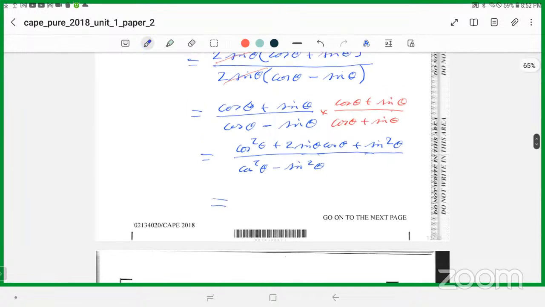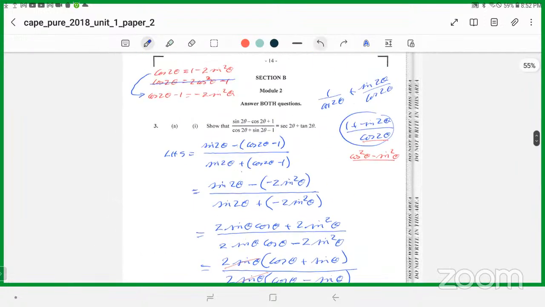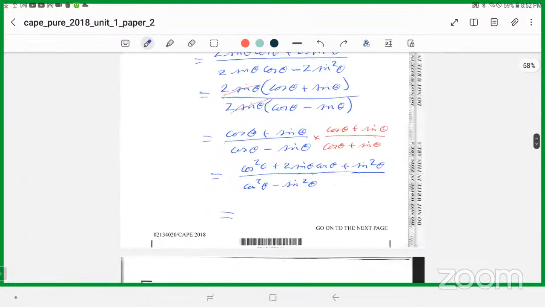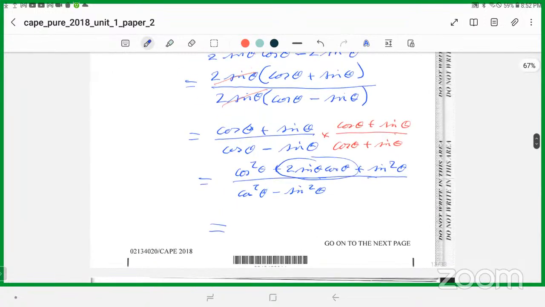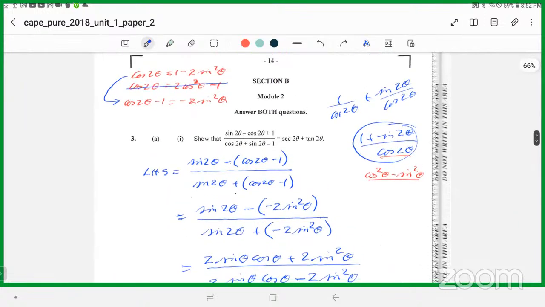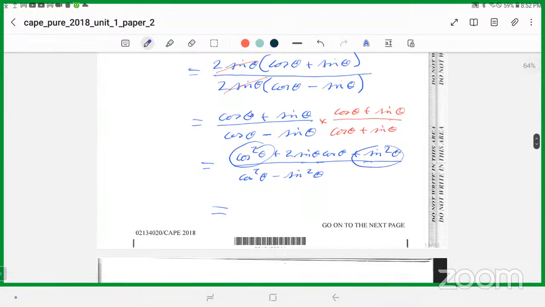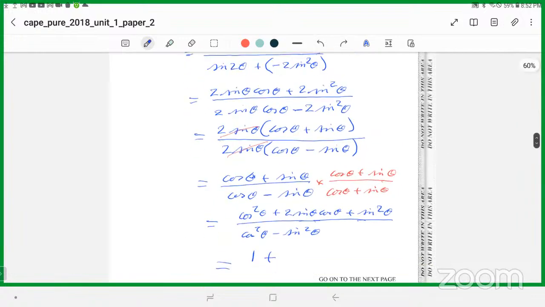Watch this now. So this and this is my 1. See my 1 here. That's my 1. And this 2 sine theta cos theta is my sine 2 theta. So I've gotten it. Cos squared plus sine squared is 1, plus 2 sine theta cos theta is sine 2 theta.